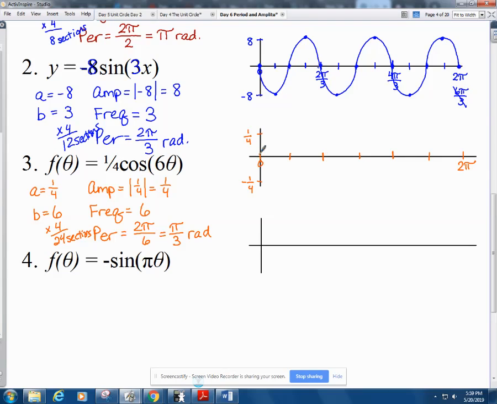So my first cycle is going to be drawn, it's going to end there. Second one, third one, fourth one, fifth one, sixth one. So now to get my points accurate, I cut each of these into the 4 sections that I need, cut it in half and in half.